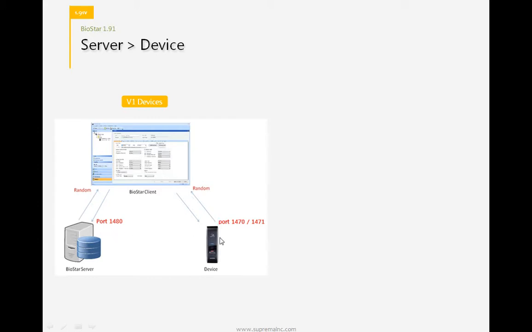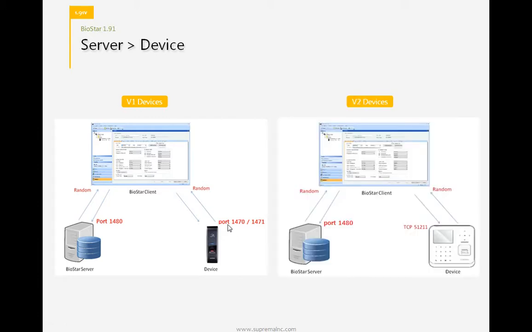Between the client and the device, we use 1470 or 1471. How about version 2 devices? The port between the server and client is the same, 1480. However, the port between the client and the device is different. It's 51211. So there's a difference between the port numbers.